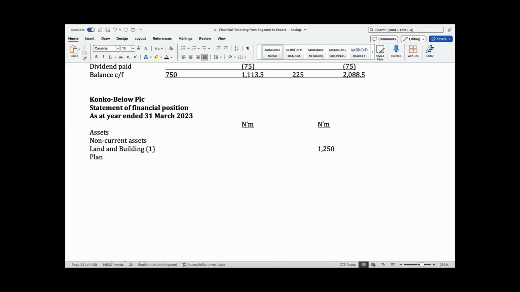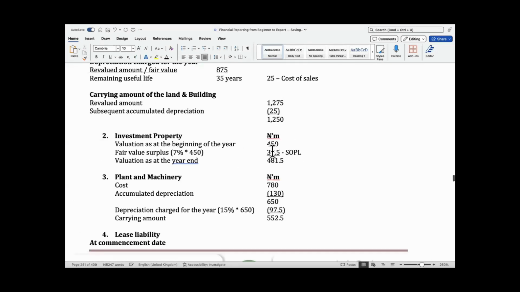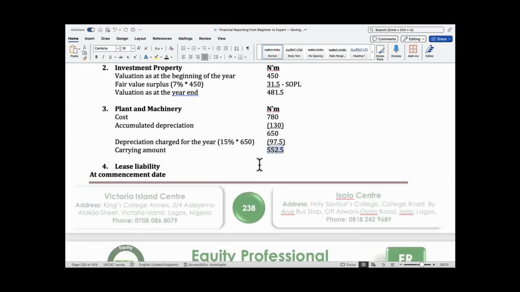Then also my plant and machinery, I believe is working 3. Yeah, correct. Which is 552.5. I come here and insert it here.